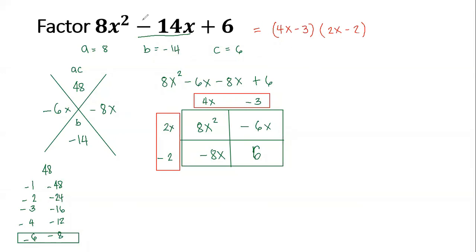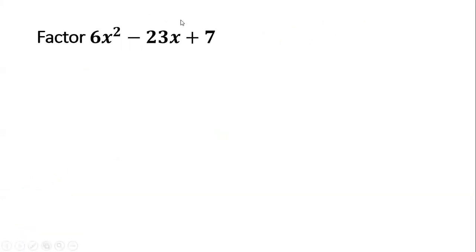And now let's move on to the last example. So this time we have to factor 6x squared minus 23x plus 7. So the first thing that we need to do again is to find the values of A, B, and C. For A, we have 6. For B, we have negative 23. And for C, that's equal to 7.